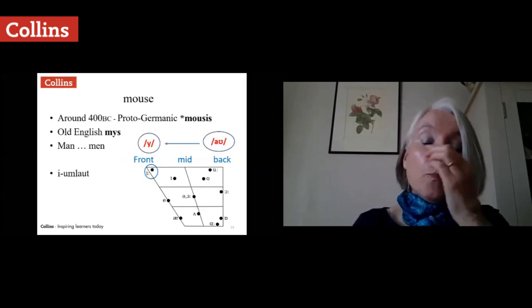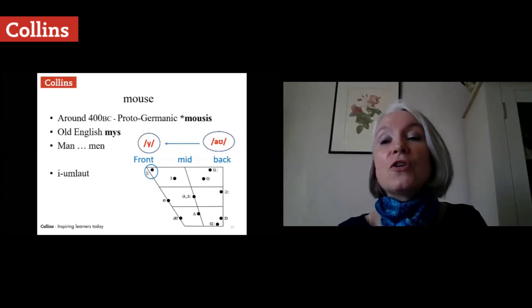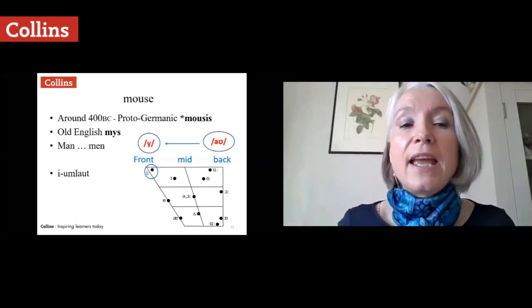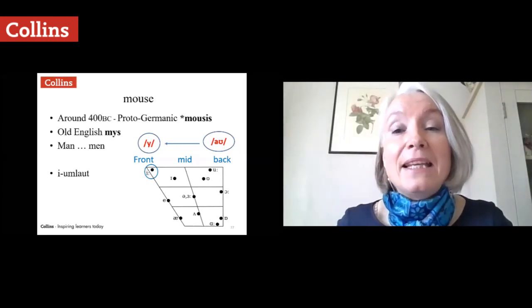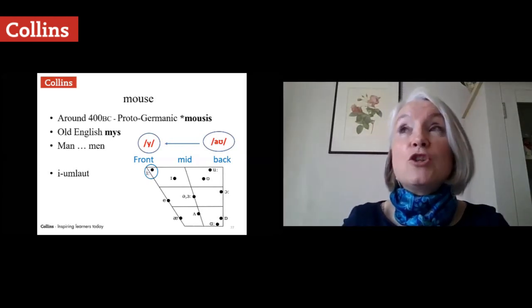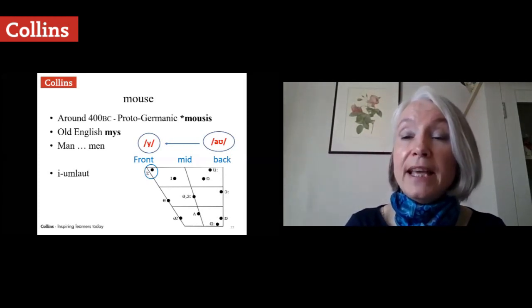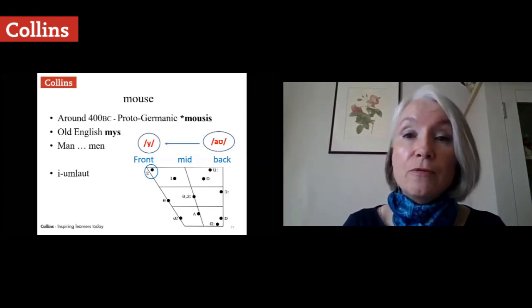Now, I'm going to look at mouse because mouse is an interesting way of thinking about why the plural of man is men. This goes back even further. This goes back to before the Angles, Saxons and Jutes invaded England round about 450 AD.